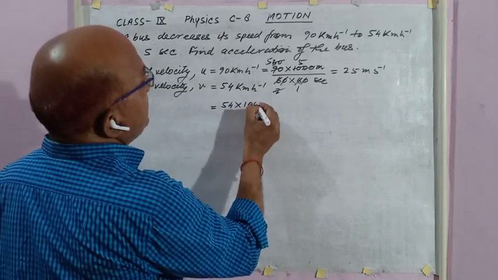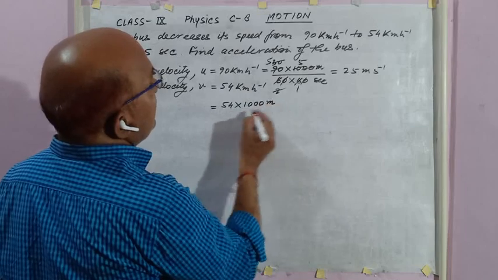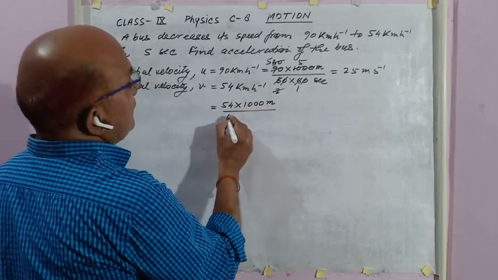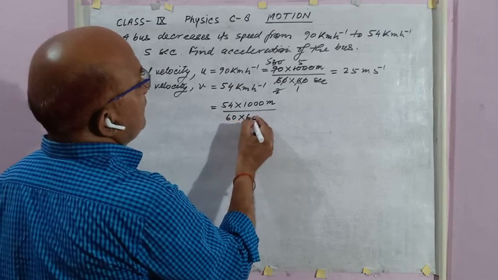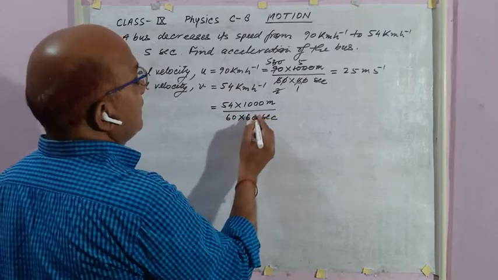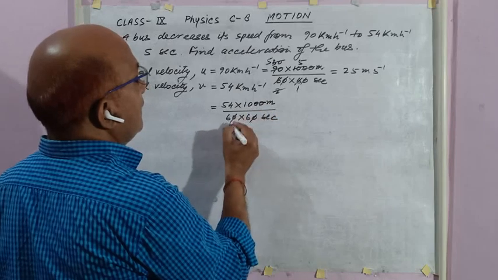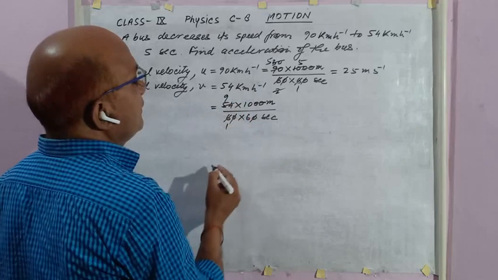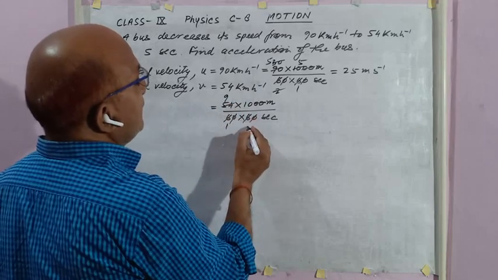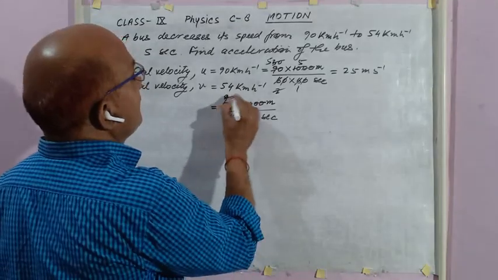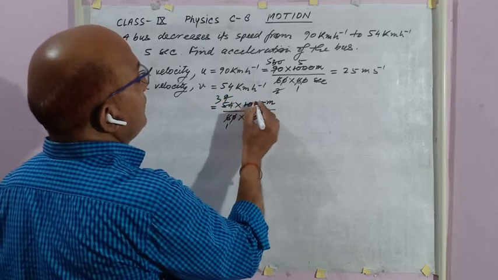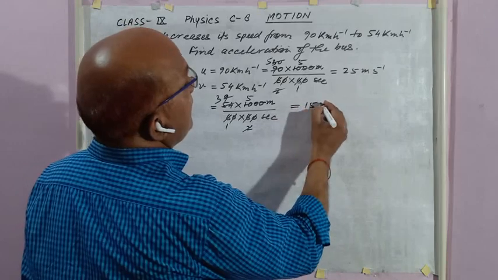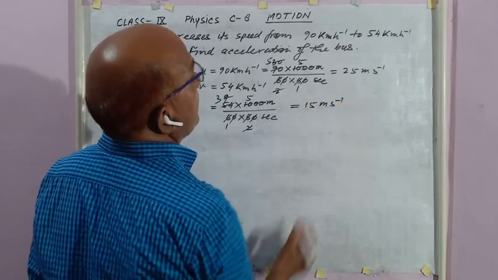So multiply it by 1000 meter per hour, means 1 hour, so this is 60 into 60 second. 6 1s are 6, 6 9s are 54, 3 2s are 6, 3 3s are 9, 2 5s are 10. So this is 15 meter per second.